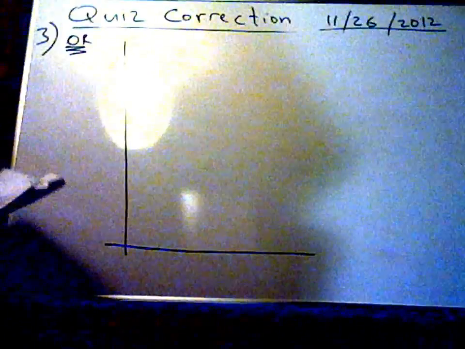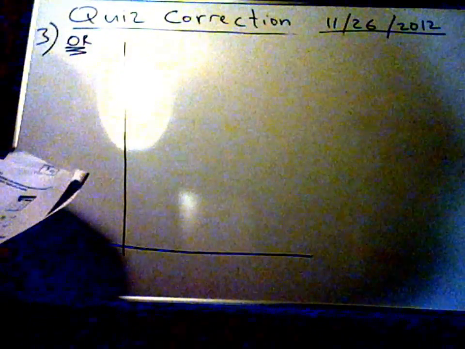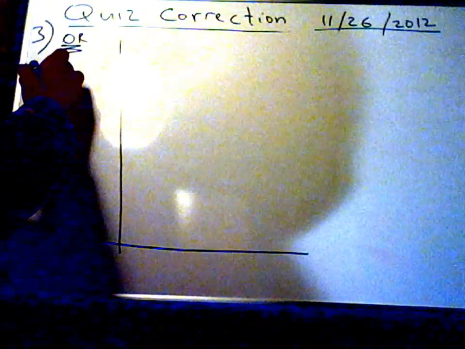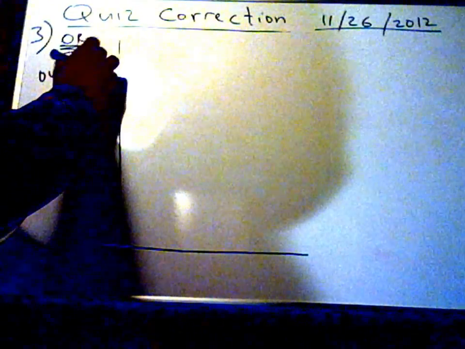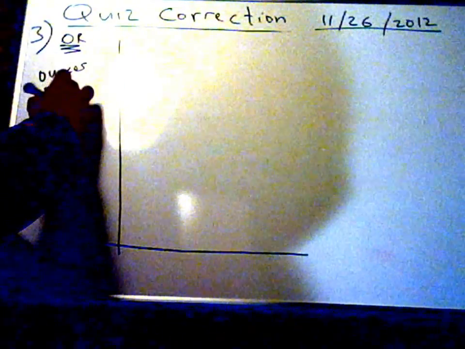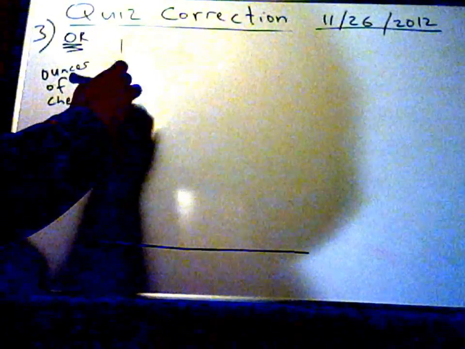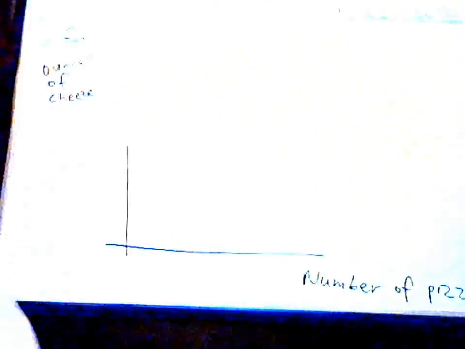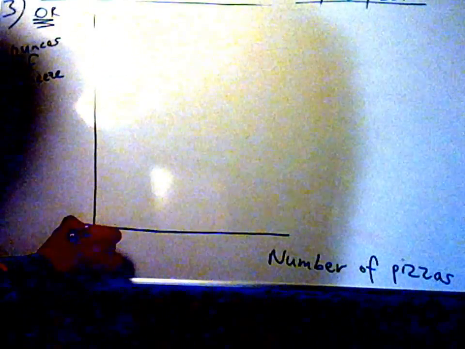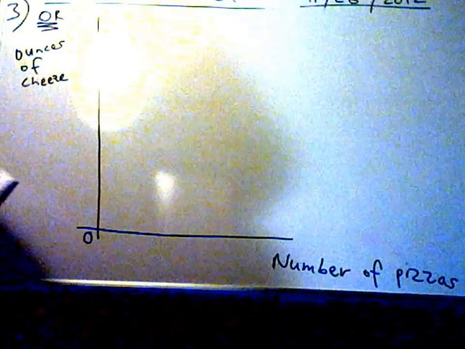In this graph, you're going to have the ounces of cheese on the y-axis, and down here you're going to have the number of pizzas on the x-axis. Notice here, I'm going to start at 0. It's going to be important with the origin.